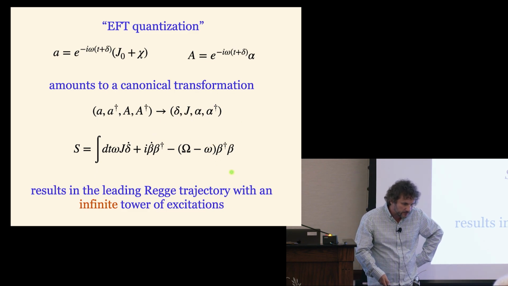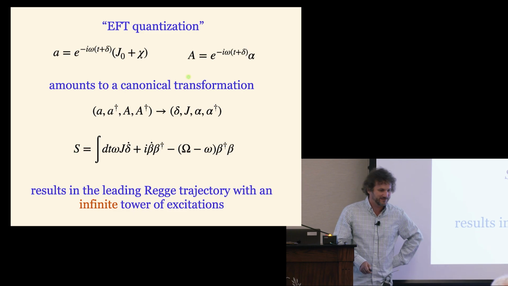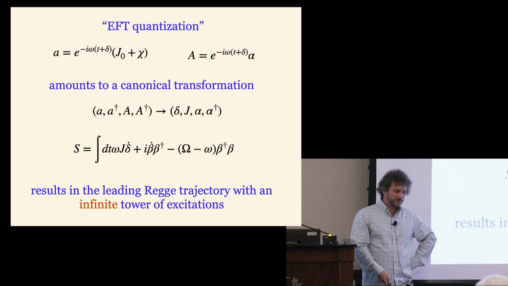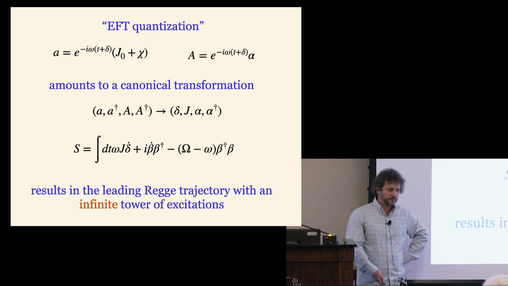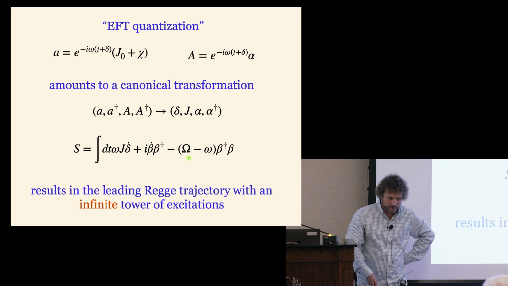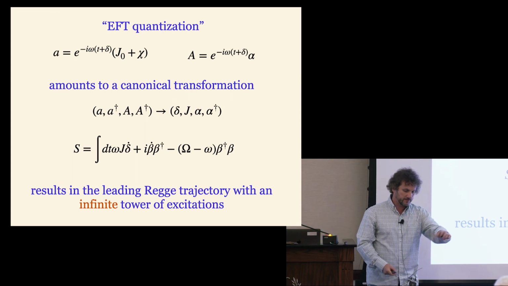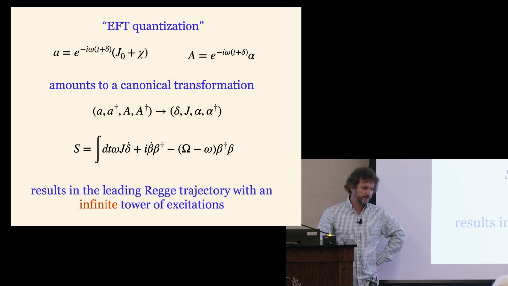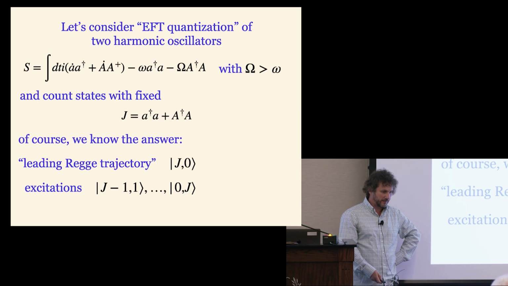So one gets states labeled by j and delta, and at each j there is an infinite tower of states whose frequency is shifted by the difference between the two frequencies. So it's a frequency in the co-rotating frame. Well, and that's a different answer from what one obtained here.